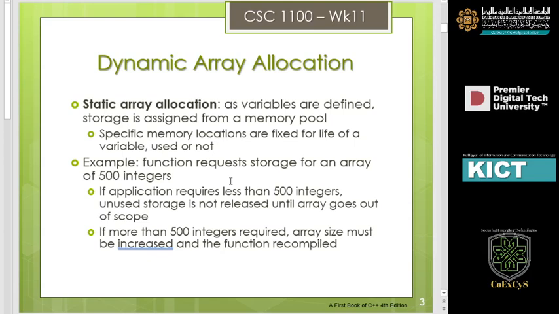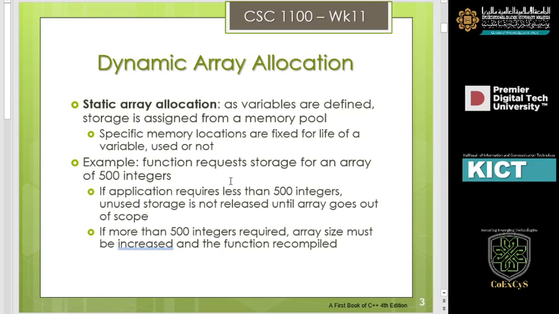If more than 500 integers is required, then the array size must be increased and the program has to be recompiled. We cannot really create this during runtime. We cannot simply change 500 integers to 1000 integers.